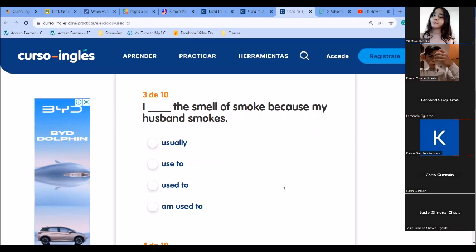I am used to the smell of smoke because my husband smokes. Okay. ¿Qué entiendes de esta oración? ¿En español está bien? Tú explícame qué entiendes. And don't worry about the dogs. Dogs are okay. ¿Qué entendiste?